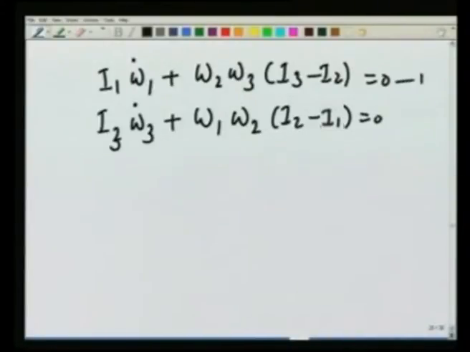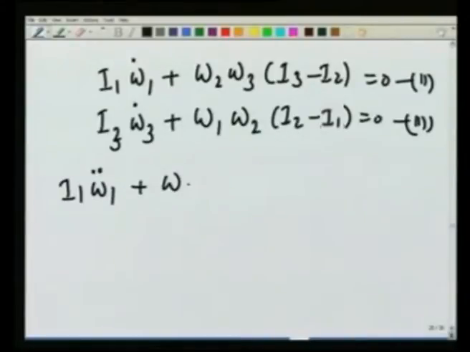Again differentiating this equation once more and substituting for omega 3 from here, we get I1 omega 1 double dot plus omega 2, we have already shown is a constant, omega 2 omega 3 dot (I3 minus I2) is equal to 0.